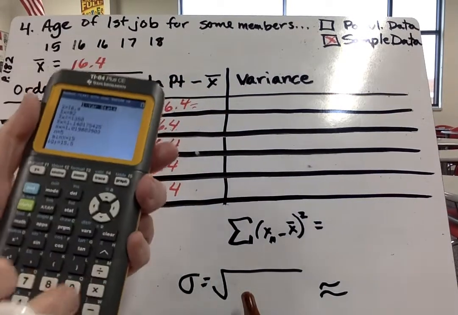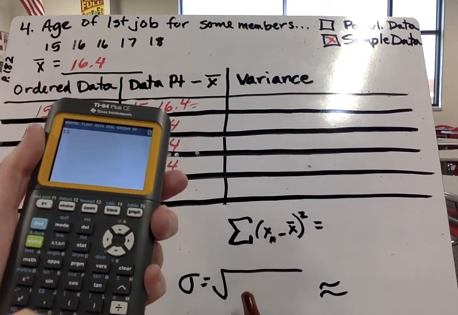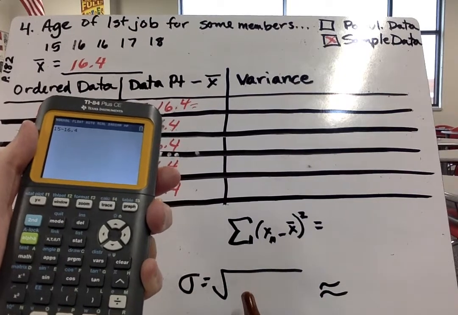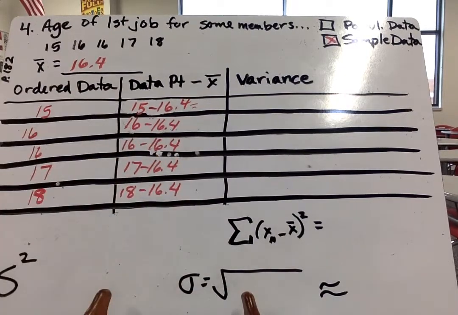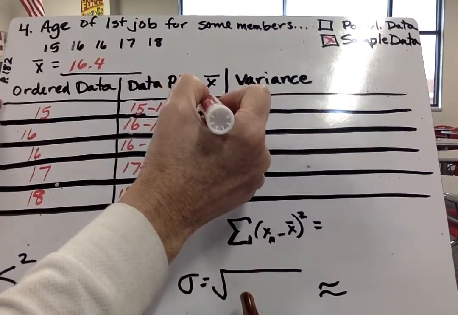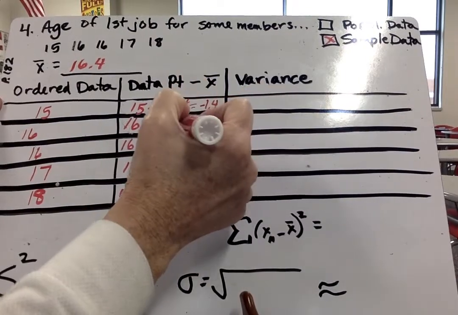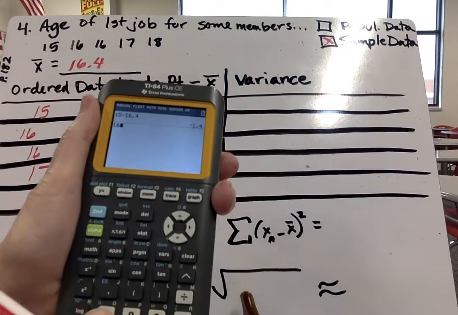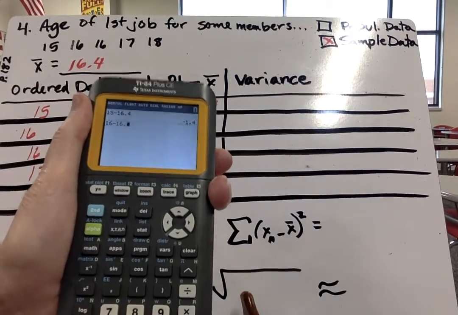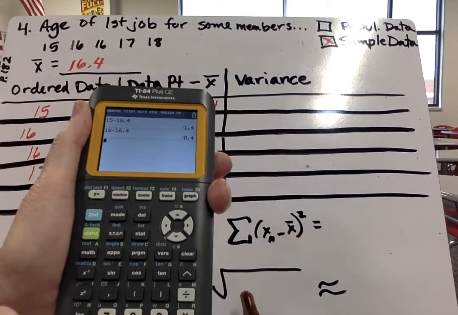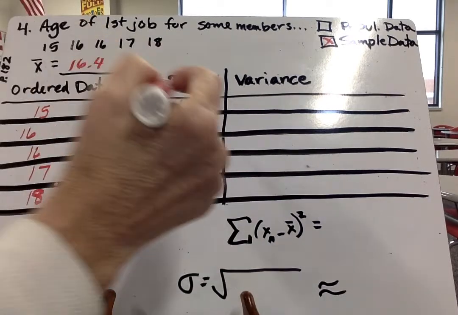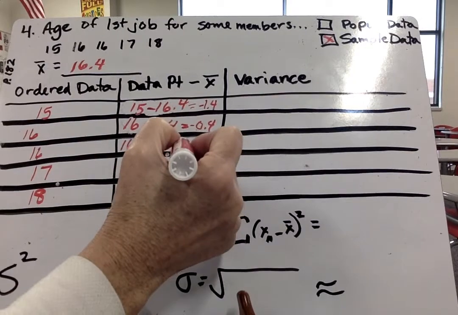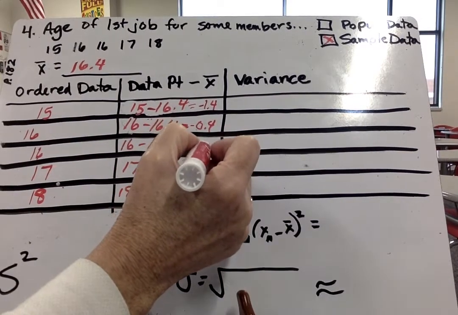So 15 minus 16.4 is negative 1.4. Sixteen minus 16.4 is negative 0.4. This one's also negative 0.4.